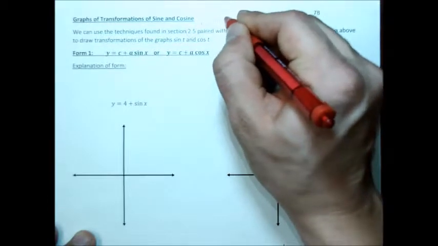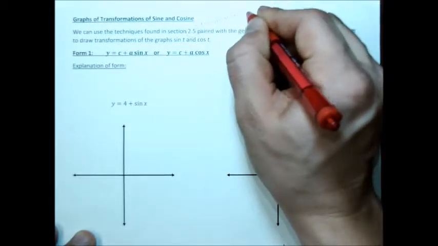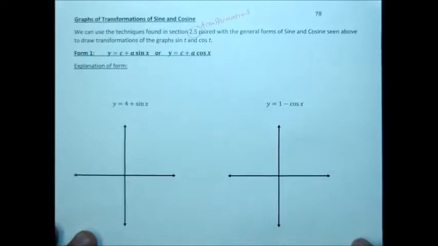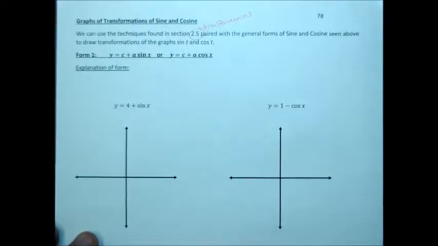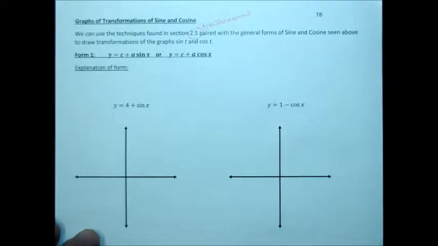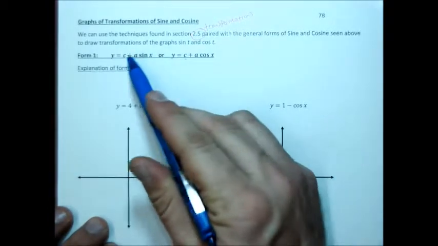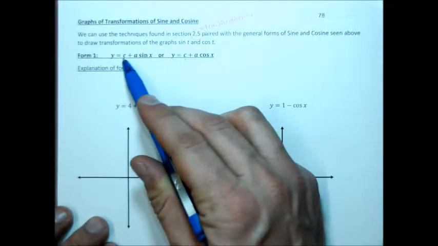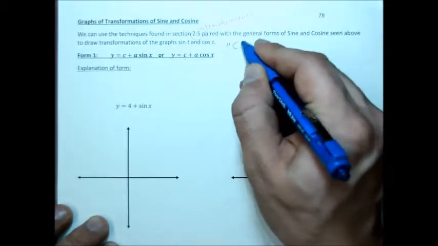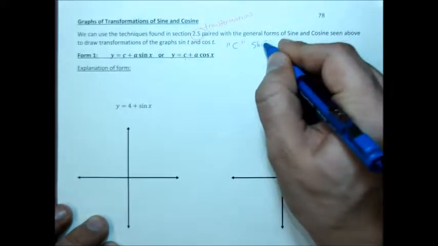So what we're doing is we're thinking about these in terms of transformations, just like we thought about every other function with transformations. It's the same exact concepts. And so just like with the other concepts, you can see the c is adding a number outside the function, and so the c shifts the graph up and down.